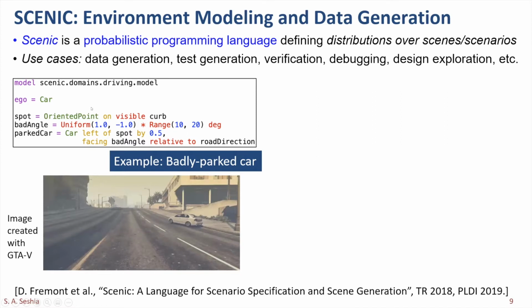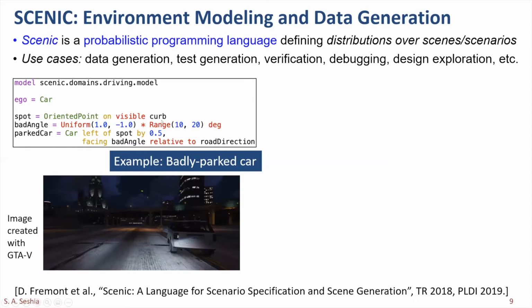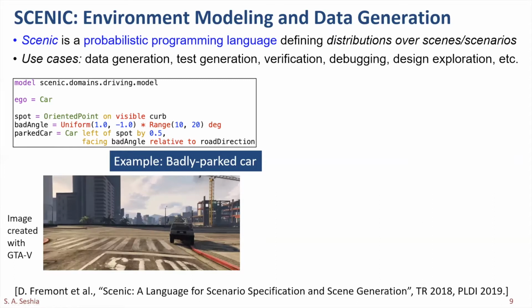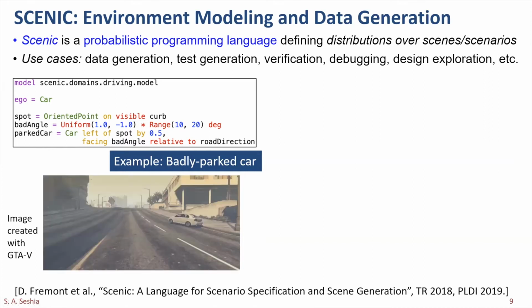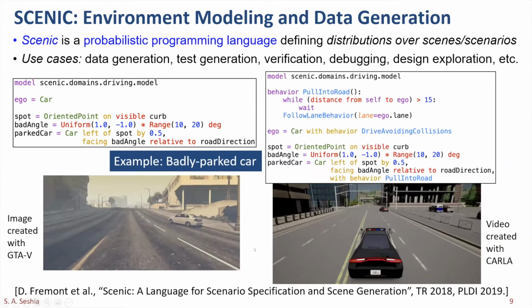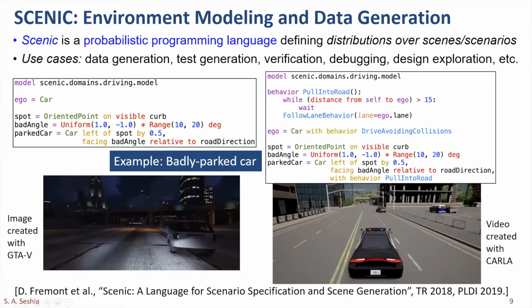The probabilities may not be obvious in this program, but when I go through this line by line, I'll describe to you what exactly is going on in terms of the probabilistic sampling. So that's the static version of Scenic. We first published this work as a technical report in 2018 and later on at PLDI, and a journal paper will appear soon. Here's the same Scenic program, but now extended with dynamics.